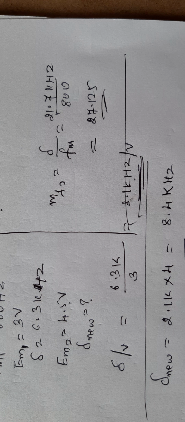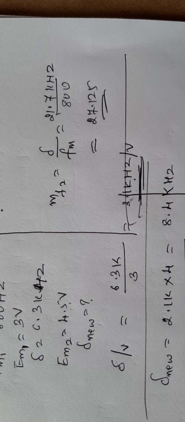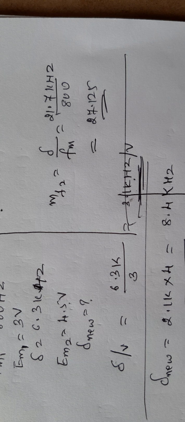And finally, the final modulation index. In the final modulation index, what is the deviation per volt? Deviation per volt is 3.1 kilohertz, whereas only frequency changes.